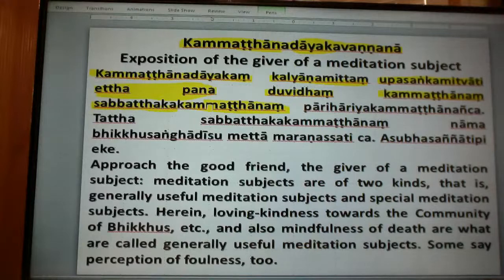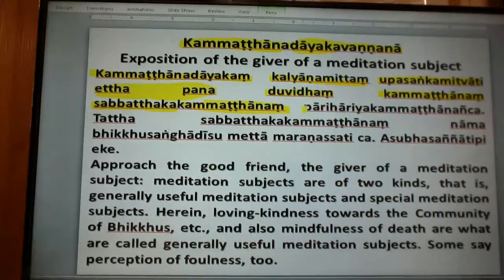So useful for all. Sabbatthaka means useful for all. Kammatthana means meditation subject. So this one kind of meditation subject is useful for all. For all means everybody. Everyone. Okay? Sabbatthaka Kammatthana, this is one kind.